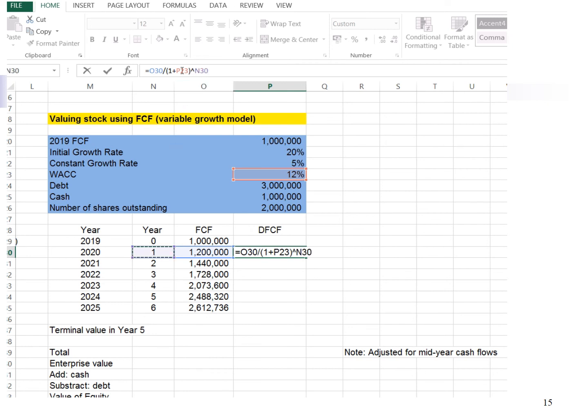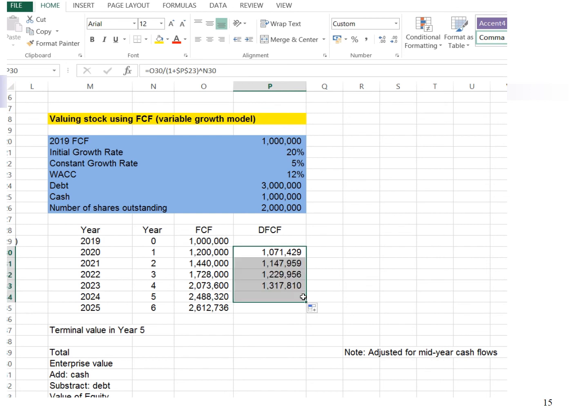Again, I shall fix the cell for WACC. I press F4 to fix the reference point. And this is the discounted cash flow. I do not need to perform it for all the other cash flows. I can drag down the answer up to year 5, and Excel will automatically calculate the answer.